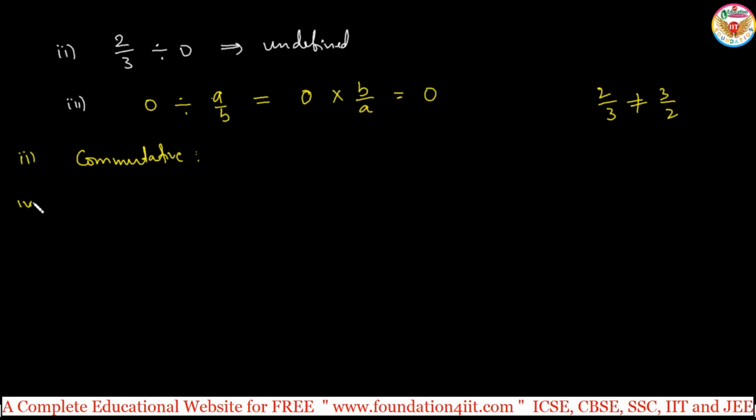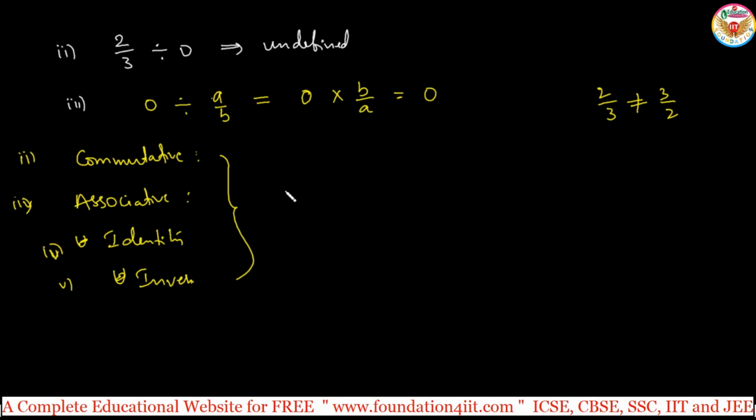The associative property also does not exist in division, and identity and inverse do not exist either. So these four do not exist in division of rational numbers.